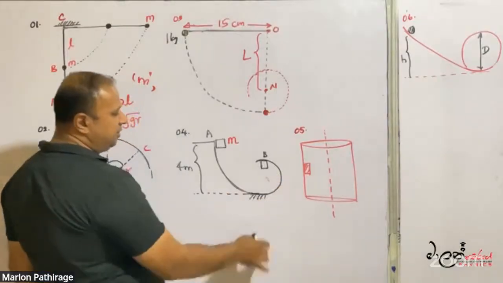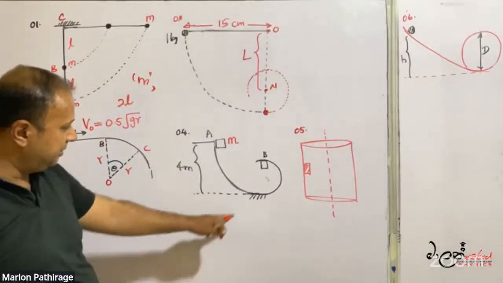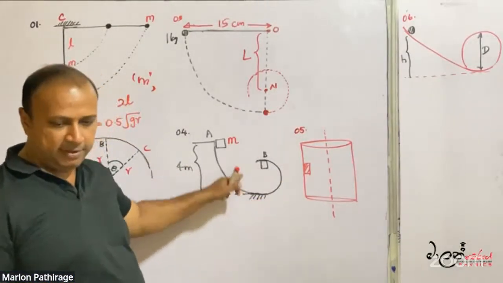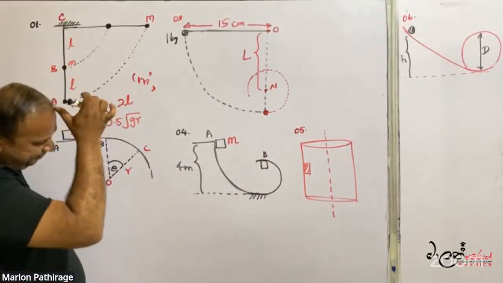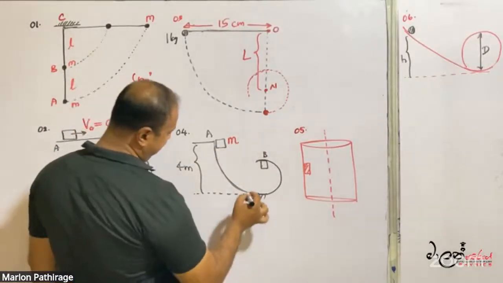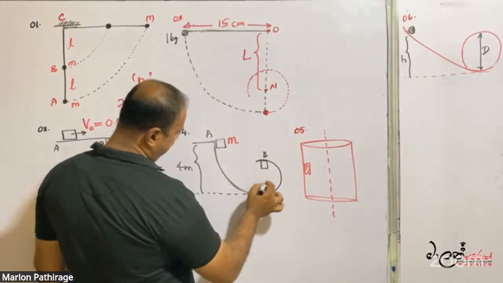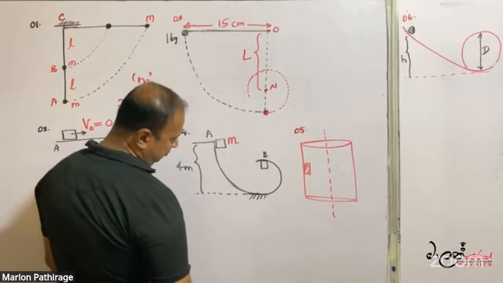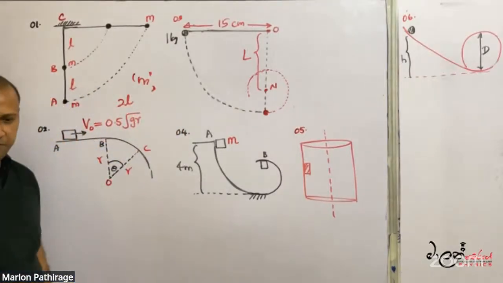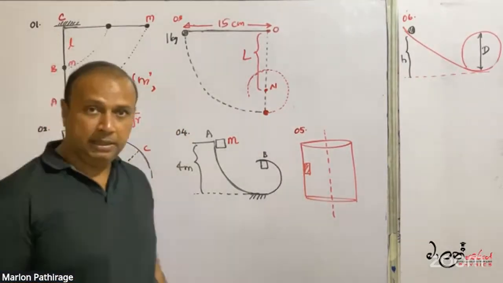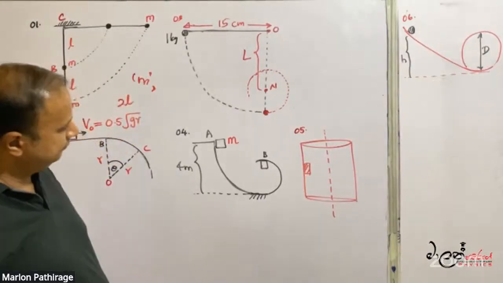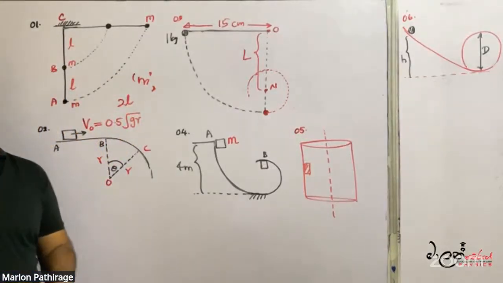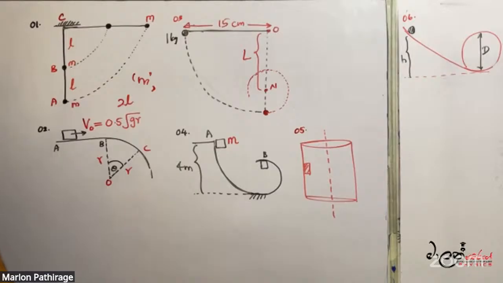The radius of the circular path is 1 meter. That means this part, 1 meter.